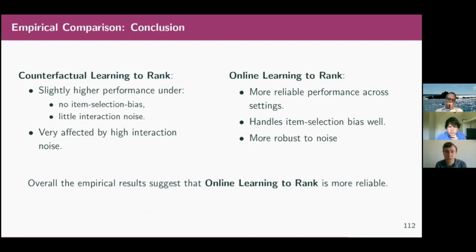Online learning to rank, on the other hand, is more reliable. It has better performance across many different settings. It handles item selection bias very well, and it's more robust against noise than the counterfactual methods. Overall, these results suggest that online learning to rank is more reliable than counterfactual learning to rank in these simulations that we've run.